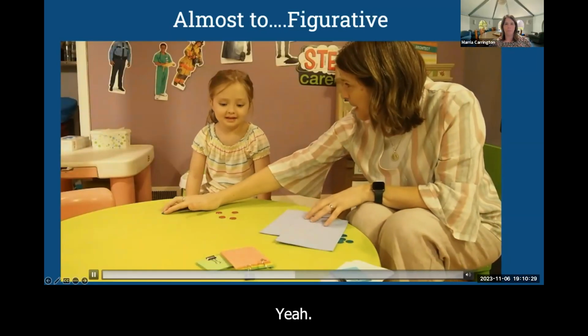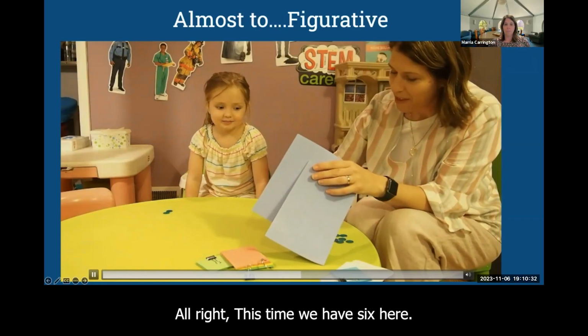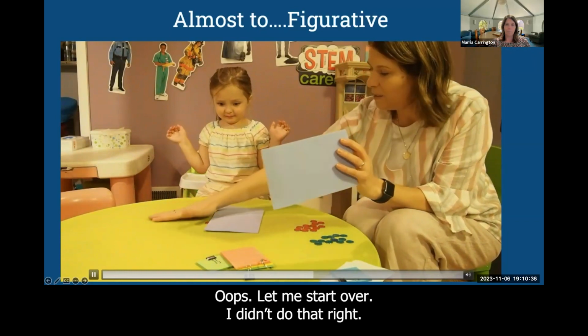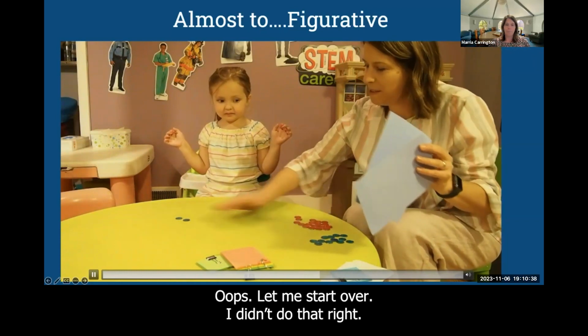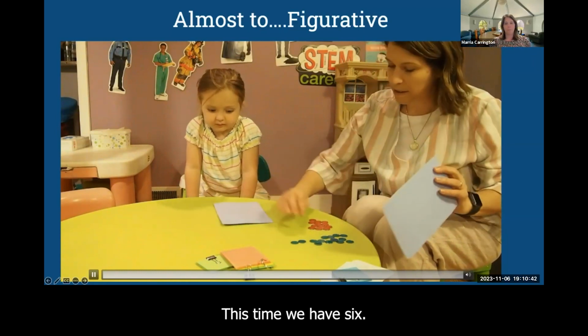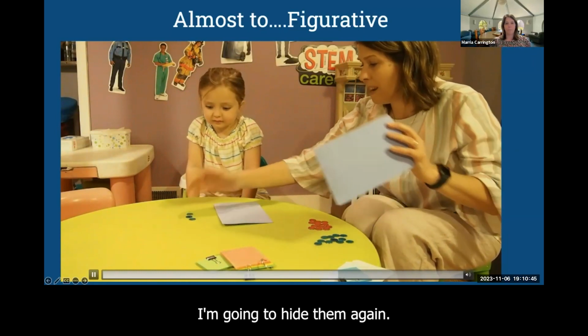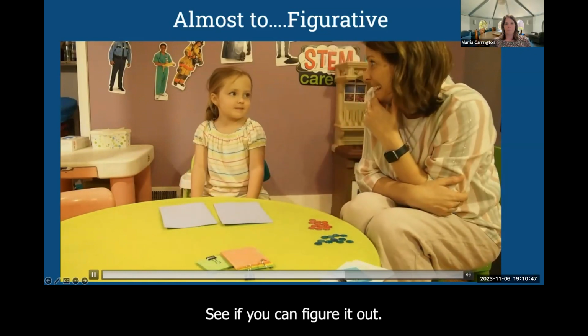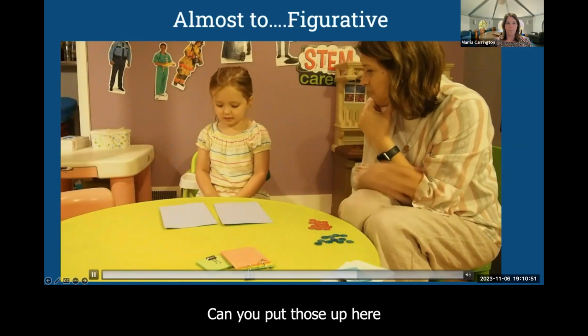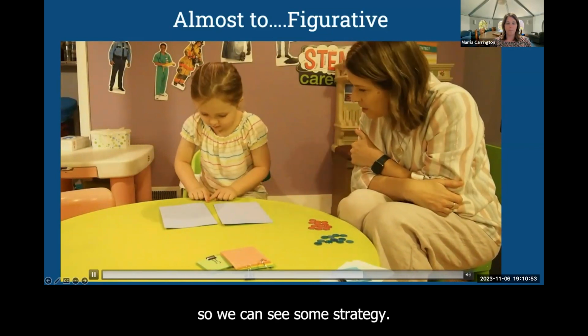Want to try another one like that? Yeah. All right. This time we have 6 here. Oops, actually, let me start over. That didn't do that right. This time we have 6 and 3. I'm going to hide them again. See if you can figure it out. Can you put those up here so we can see your strategy?